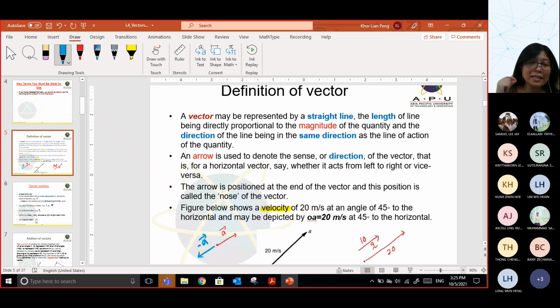A minus sign on the vector shows the opposite direction, and the length, the magnitude, is still the same. So the negative sign indicates the opposite direction. Okay, just for your information.